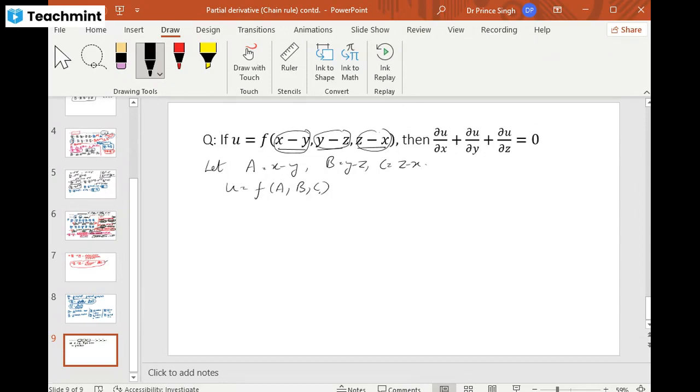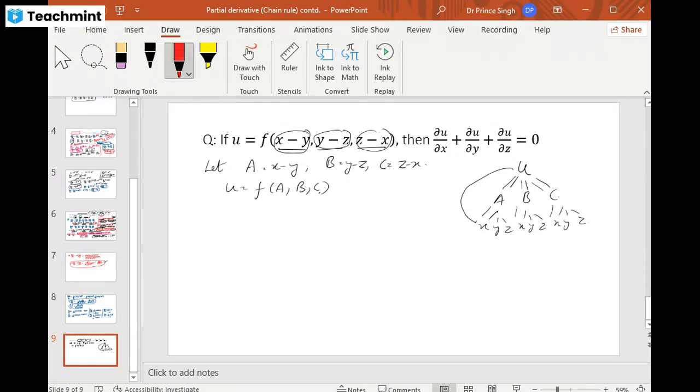So we simply convert it into a problem where u depends upon three variables, and these three variables further depend upon x, y, z. Although each depends upon two variables only, I can differentiate with respect to the third variable also, right? So if I want to differentiate with respect to x, then we are going to follow the chain rule. Similarly for y and z, right?